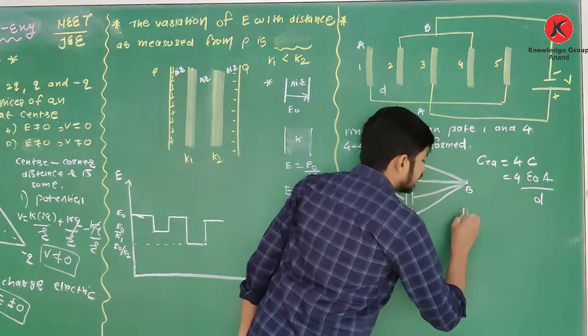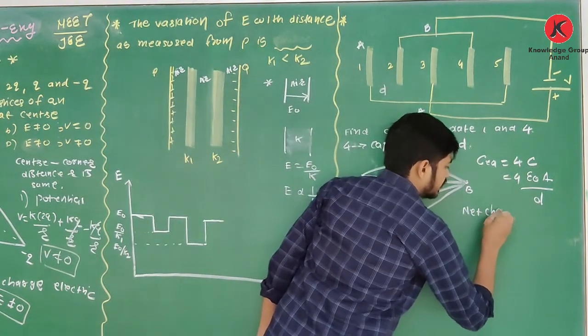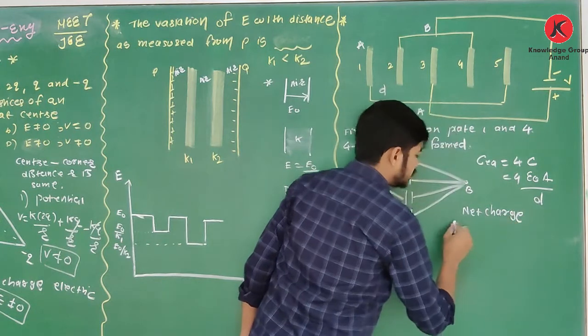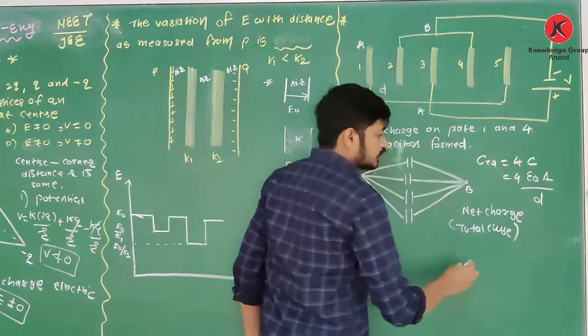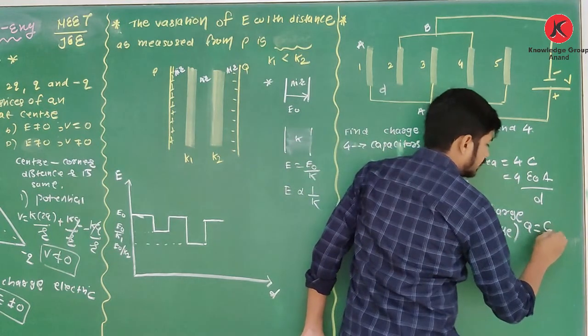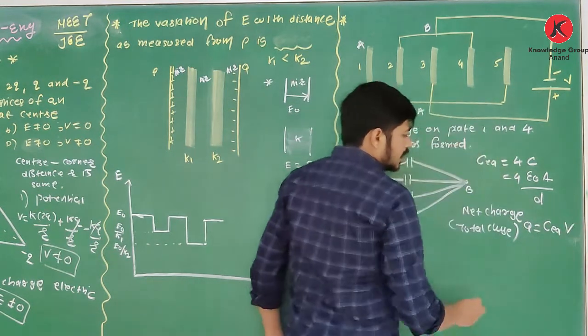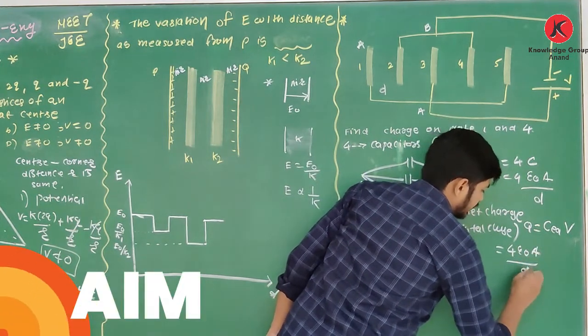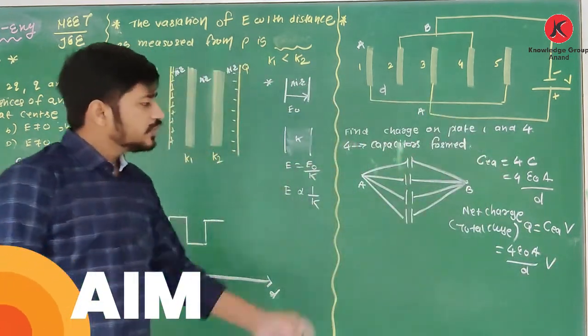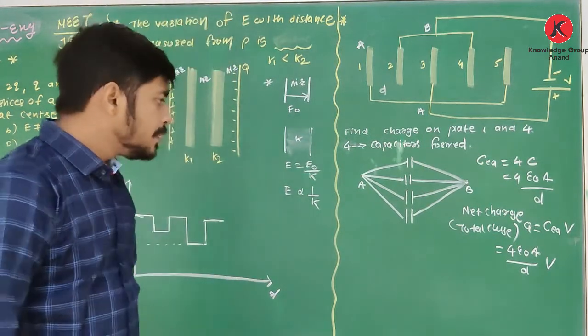So what is the net charge, or total charge? Total charge Q is equal to C equivalent into V, so it is 4 epsilon 0 A upon D into V. Clear? So it is the net, total charge.